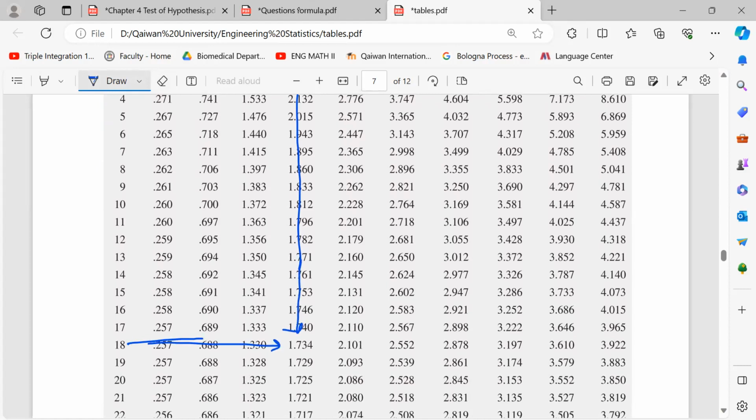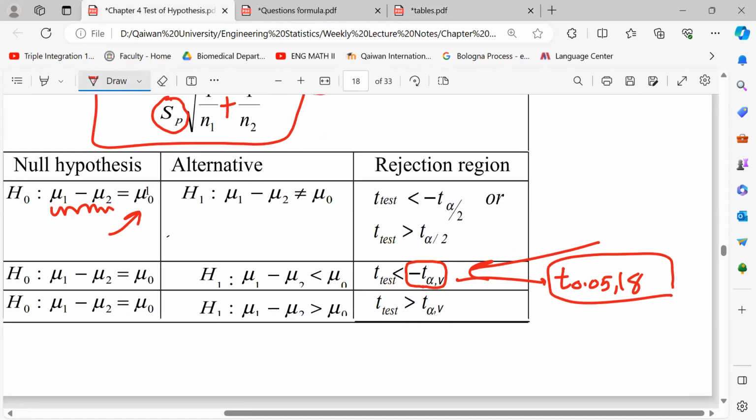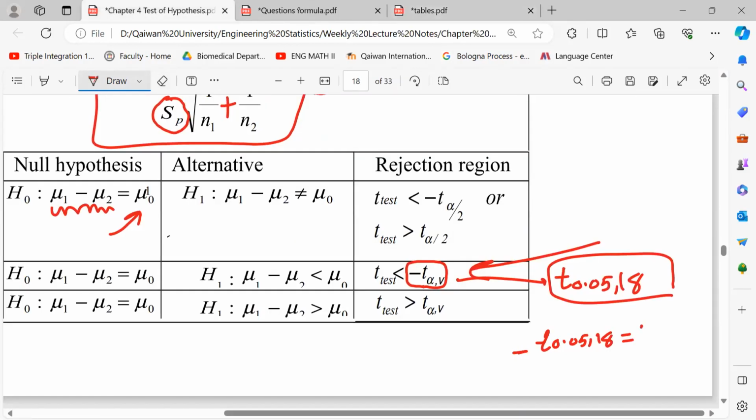It's 1.734. In step 4, we need to find minus T of 0.05 and 18, which is minus 1.734.